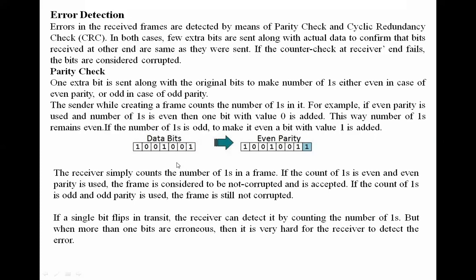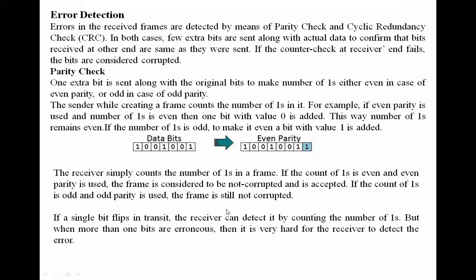To make it even, what do you have to add at the end of the bits? 1. See, it is written here: if the number of ones is odd, to make it even, a bit with value 1 is added. Even parity. So the result is 1 0 0 1 0 0 1 1.